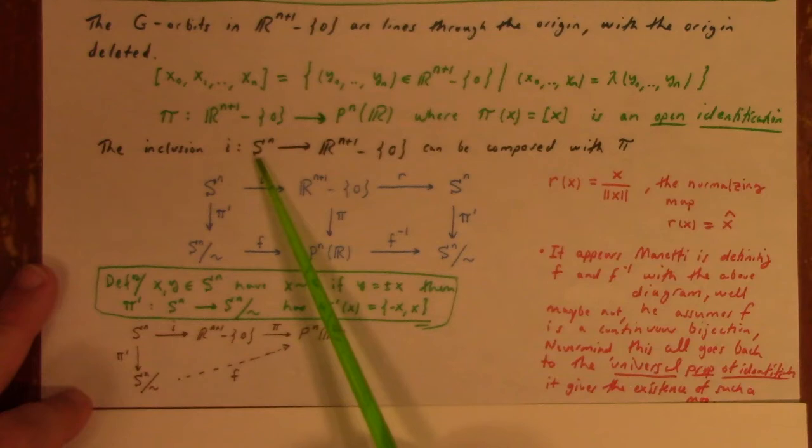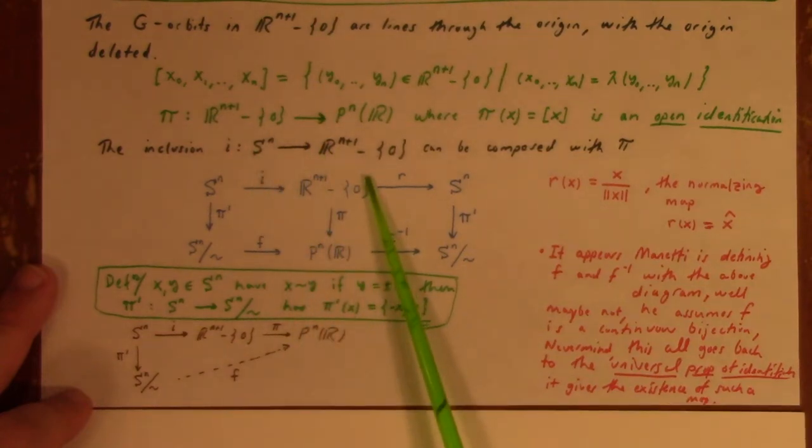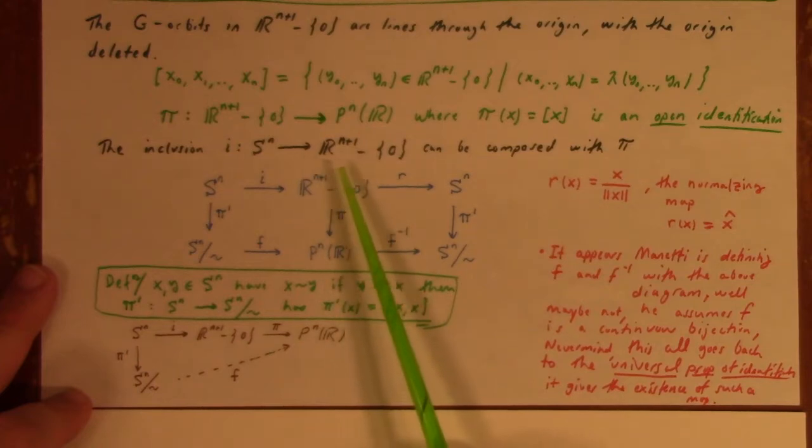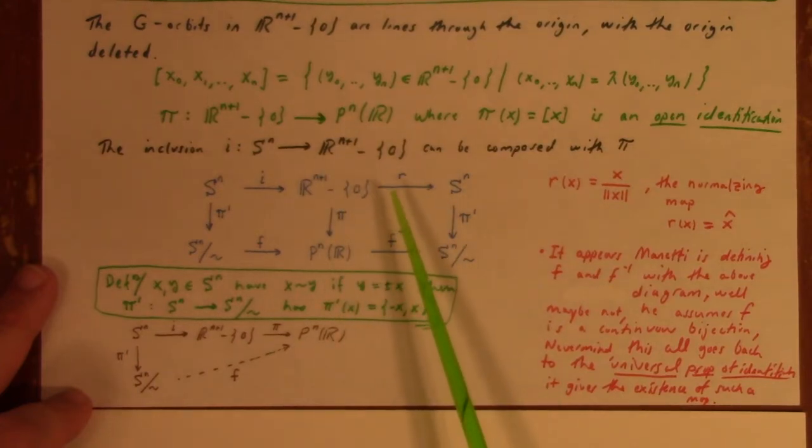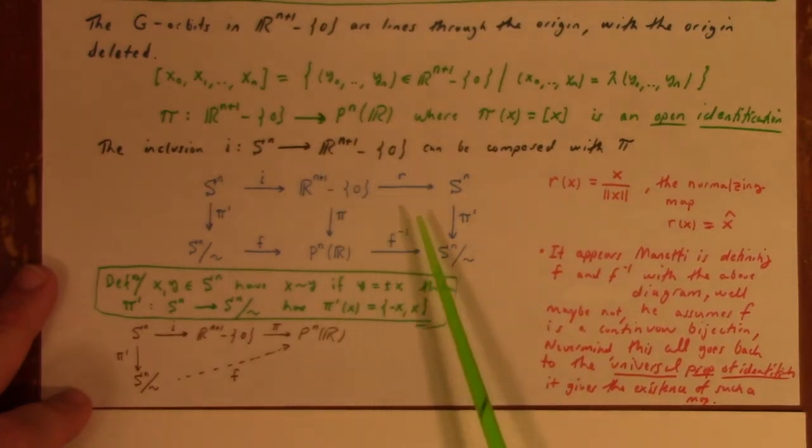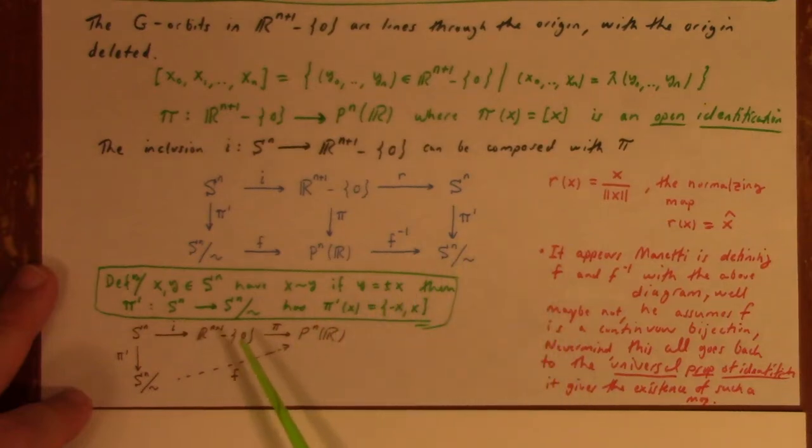So there are 2 points in S^n for each equivalence class over here with respect to the dilation group orbits, the lines through the origin. On the other hand, in S^n, this pi prime is the antipodal equivalence relation, which is that x and y are equivalent if y is equal to plus or minus x.